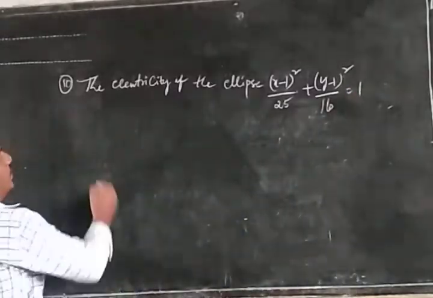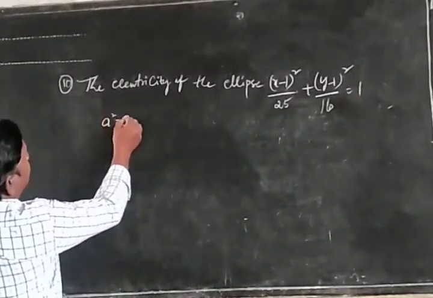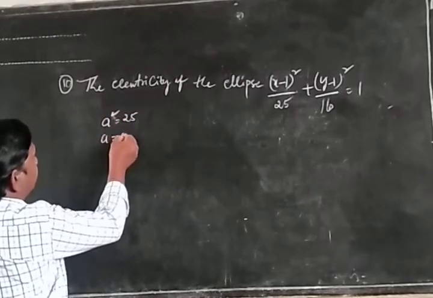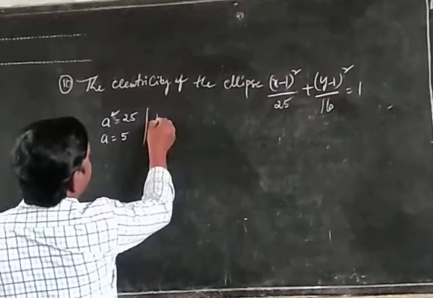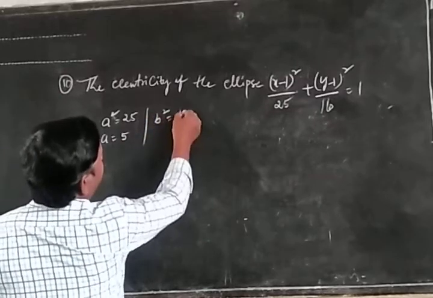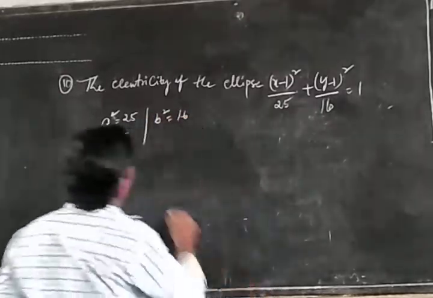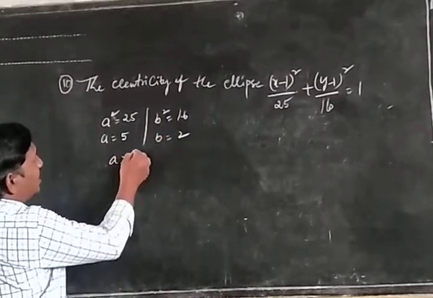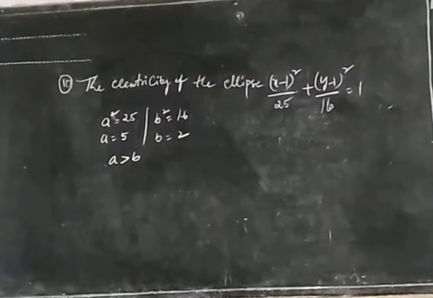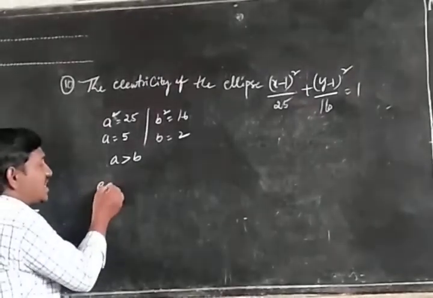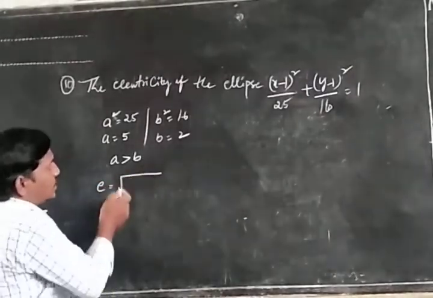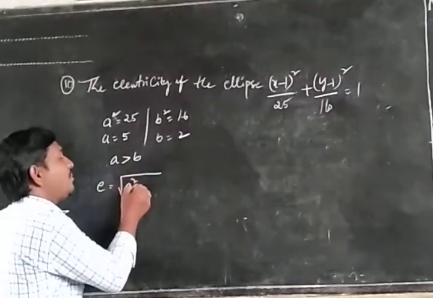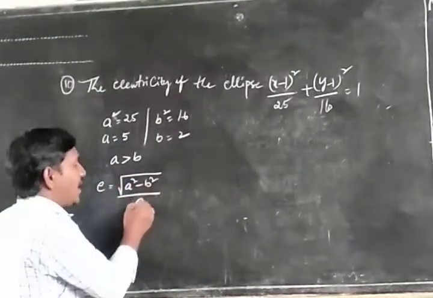Now a square equal to 25, a equal to 5, and b square equal to 16, right? Okay, now b equal to 4. Here a greater than b. So we know that eccentricity equal to root of a square minus b square by a.